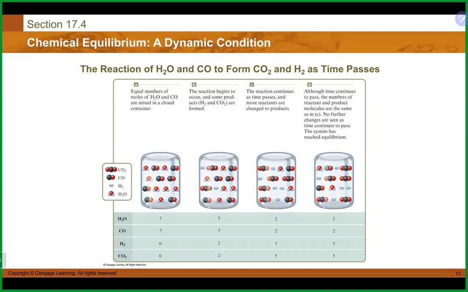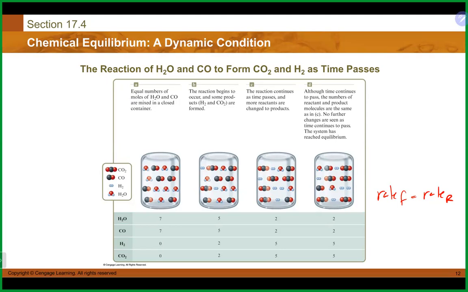And once again, when it reaches equilibrium, what we are talking about is, again, the rate of the forward direction equaling the rate of the reverse direction. We're not talking about having equal amounts of everybody. So for example, here you can see as we start this reaction, we pretty much have all reactants, no products.